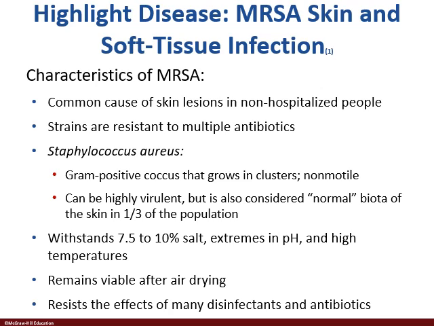So the first one we're going to start off with is MRSA, methicillin-resistant Staphylococcus aureus. This is now becoming a bit of a bane in the hospital setting due to the fact that it's resistant to many of the antibiotics we have on the market.